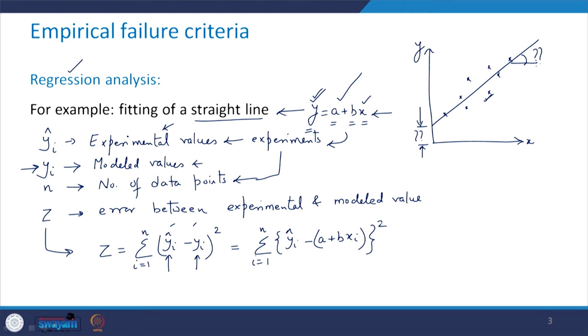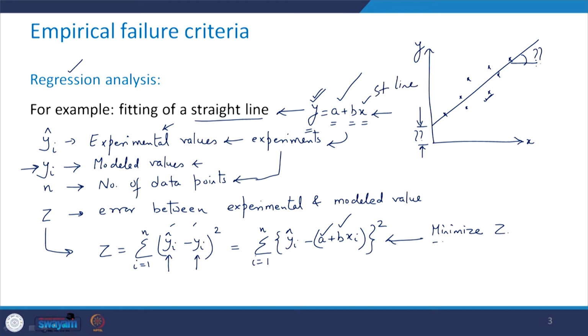Now in order to minimize this error, our objective is to minimize this z. a and b are the parameters of this model, and in this case it is the straight line.